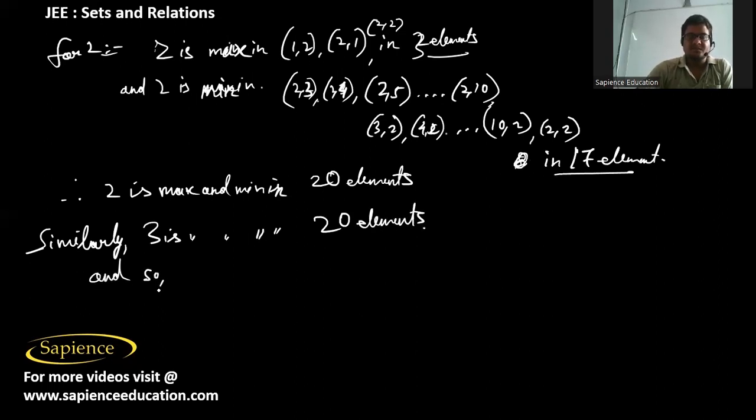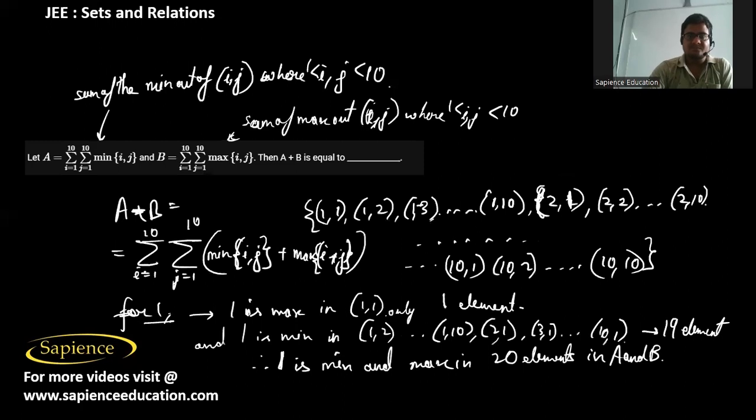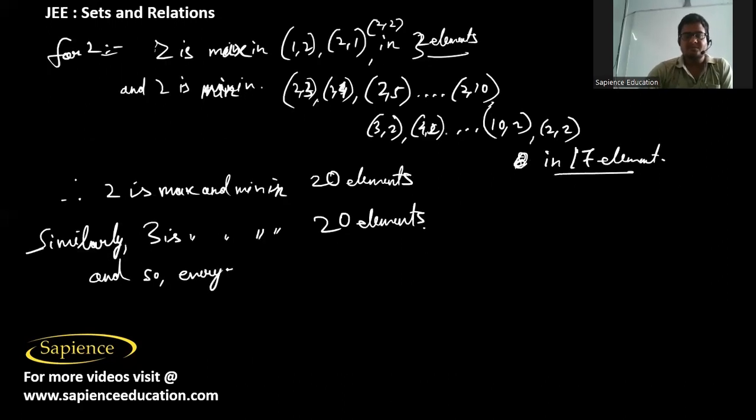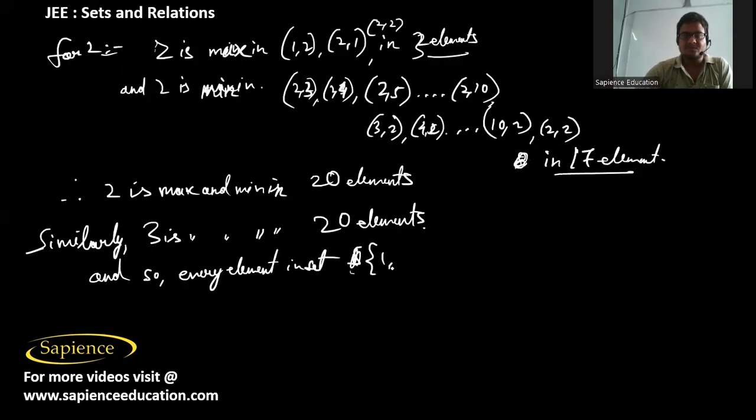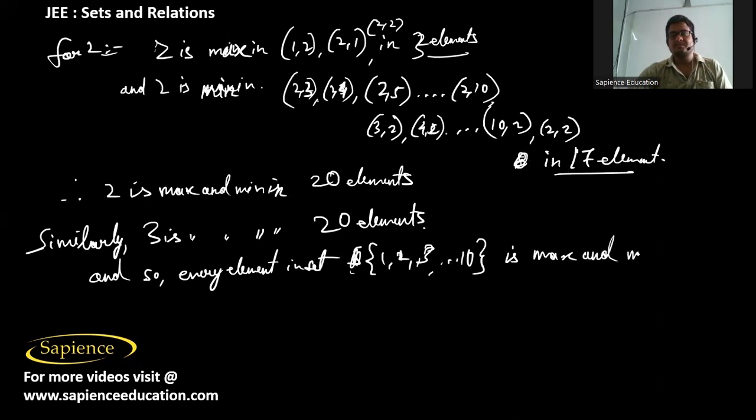And so we can say that every element in the set 1 to 10 is maximum and minimum in 20 elements in sets A and B.